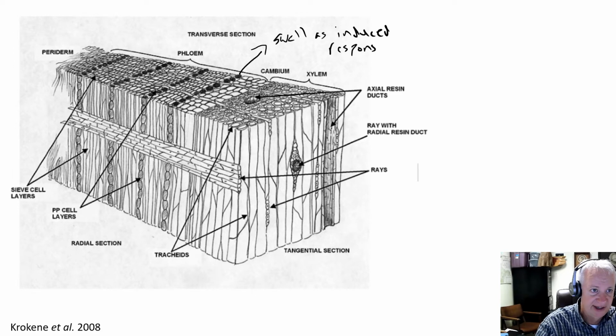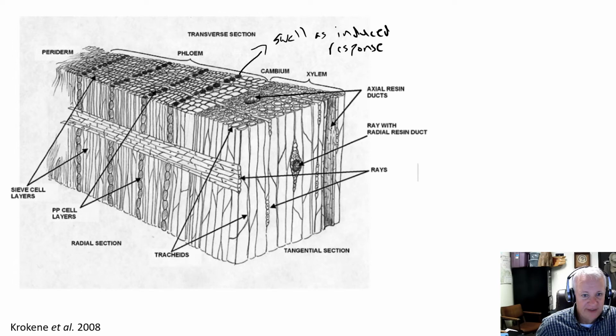Essentially those PP or polyphenolic parenchyma cells will swell as an induced response and provide an additional barrier and produce additional polyphenols, which are poisonous to pathogens or herbivores. So that's another example of an induced response.